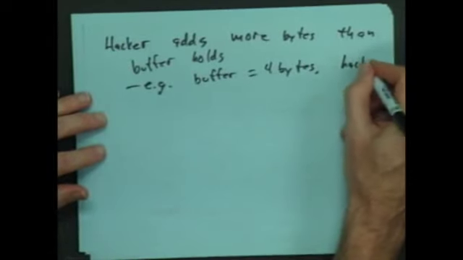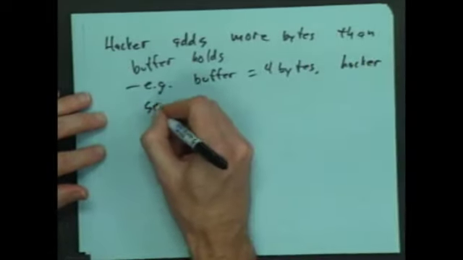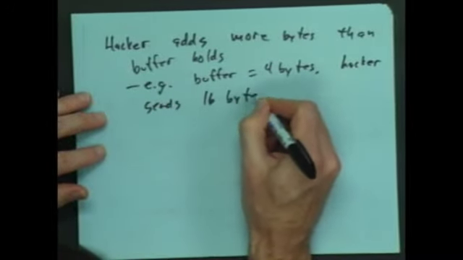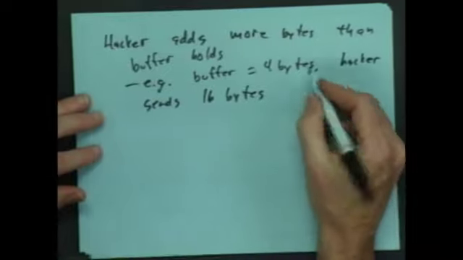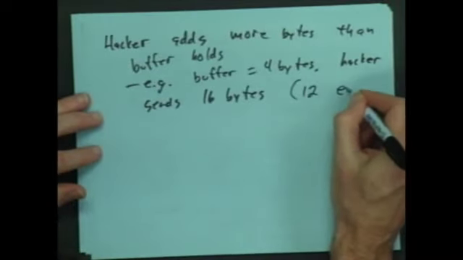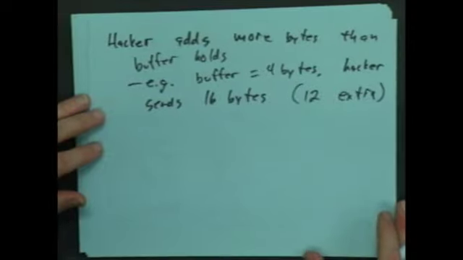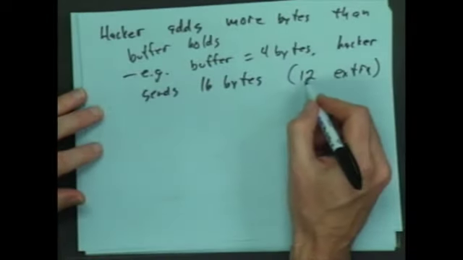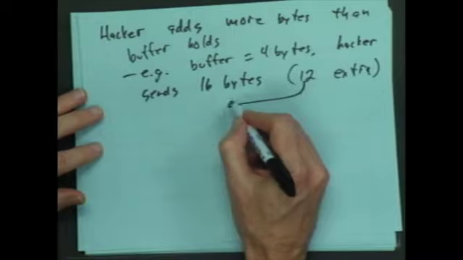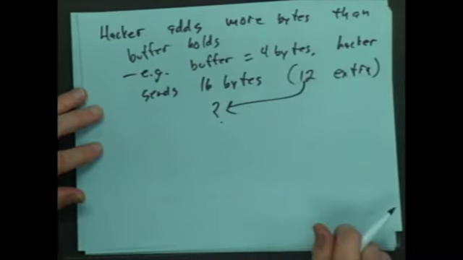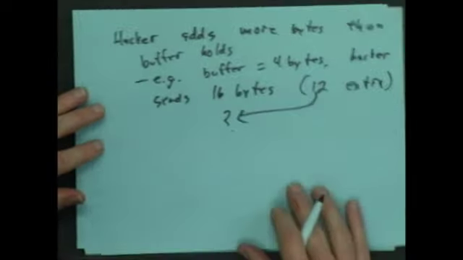The hacker sends, let's say, 16 bytes. All right? So there are 12 extra bytes. You have a vulnerability if those 12 extra bytes go back to the computer. Here's the scary part.